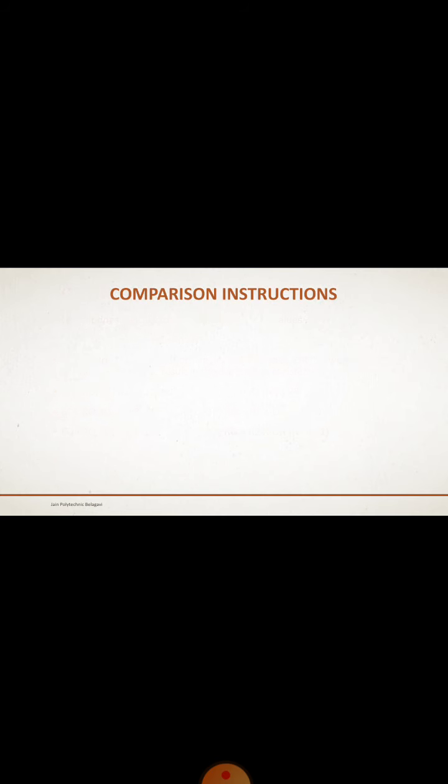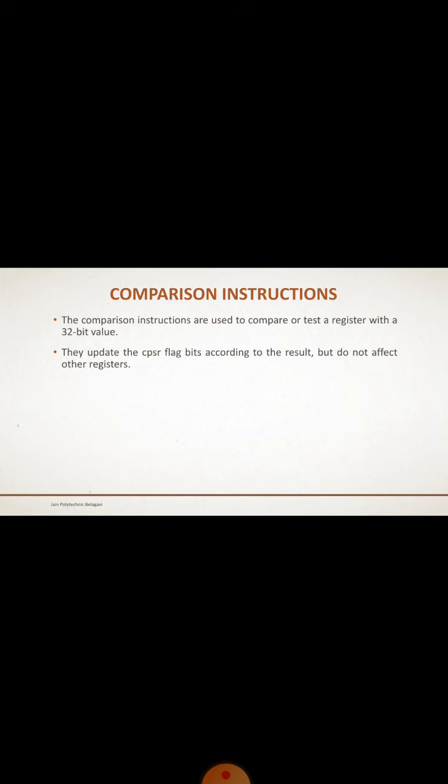The next instructions will be comparison instructions. The comparison instructions are used to compare or test a register with a 32-bit value. They update the CPSR flag bits according to the result but do not affect other registers. After the bits have been set, the information can then be used to change program flow by using conditional execution.